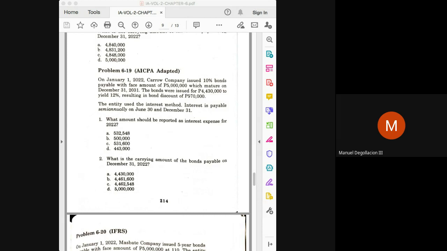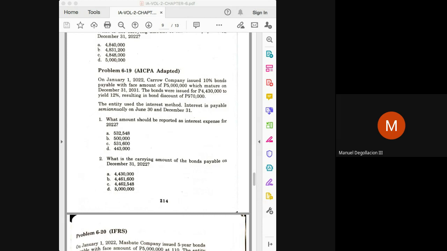And then an alternative solution: just get the previous carrying amount, which was 4,445,800. This is the carrying amount as of June 30, 2022. And then just add the amortization of the discount during the second half of the year, which is 16,748. And that will still give us 4,462,548.